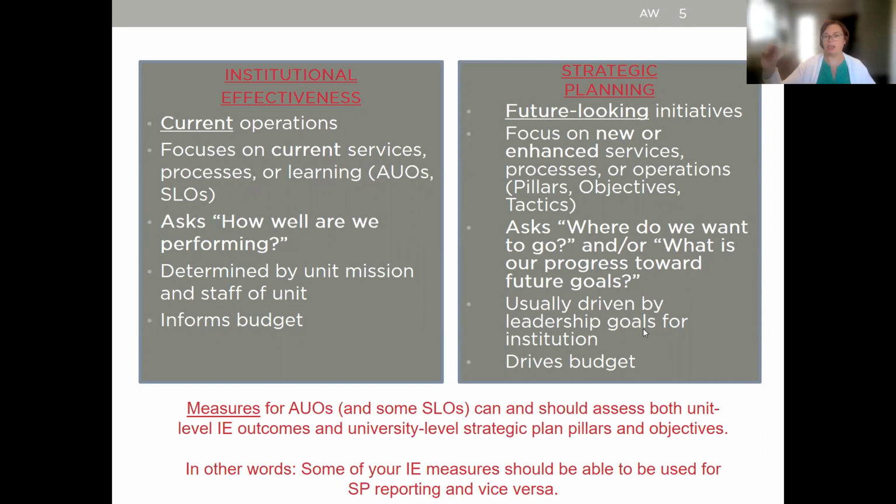So a future looking goal might be we want to increase enrollment by X, or we want to have the premier program in XYZ. Whereas IE would be something that you're doing in your office on a daily basis to support regular operations. So there are places where they're going to overlap, and then there's places where they might be separate. It just kind of depends.